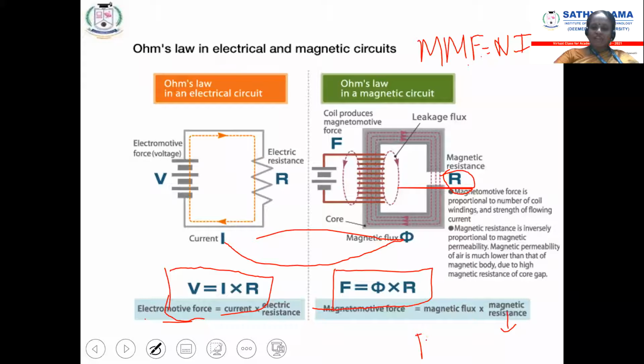The word itself, you can understand the meaning. Kindly note down these two important points: Ohm's law in a magnetic circuit. I think we have easily correlated the electric circuit and the magnetic circuit. Now we will see the definitions in detail. Have you all noted down?